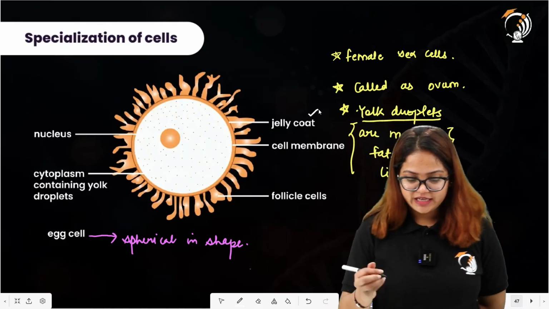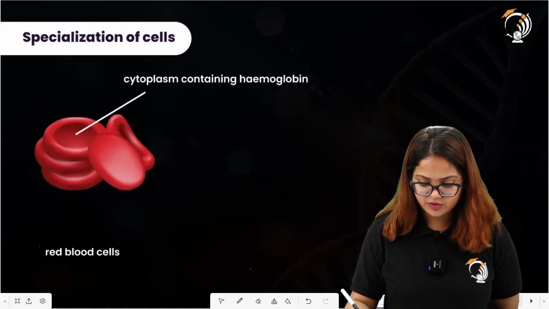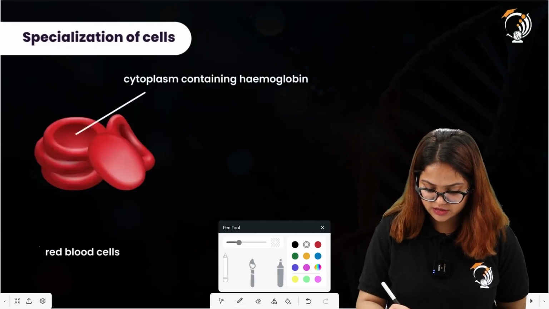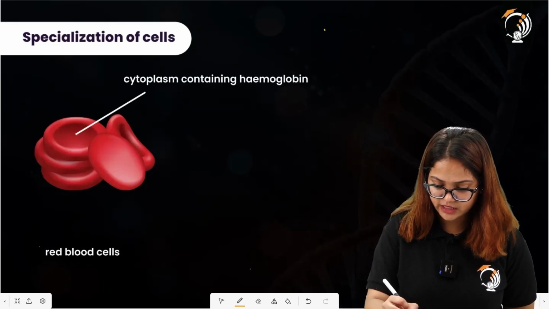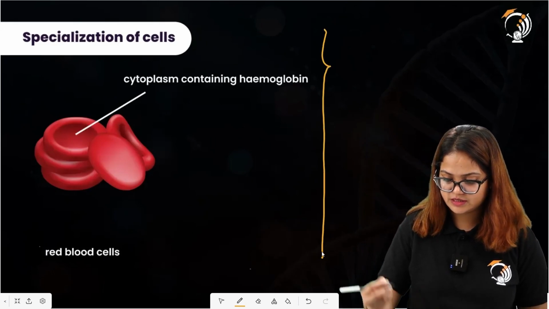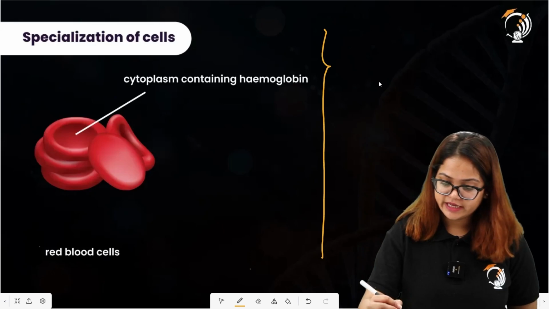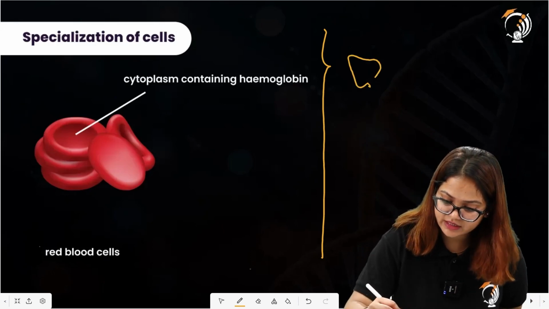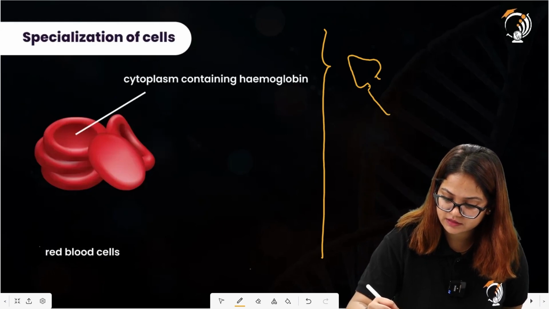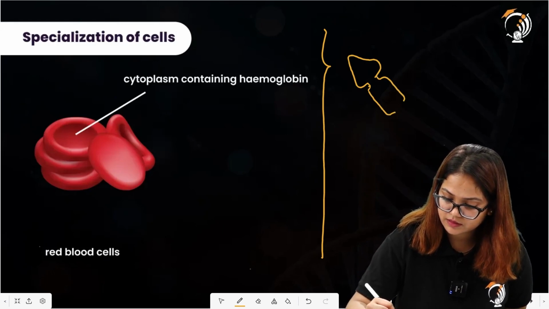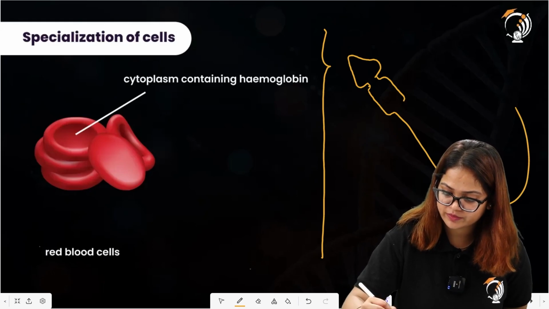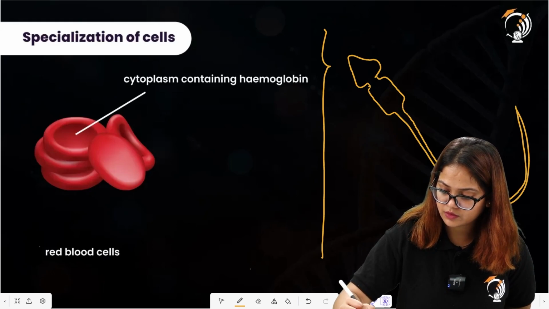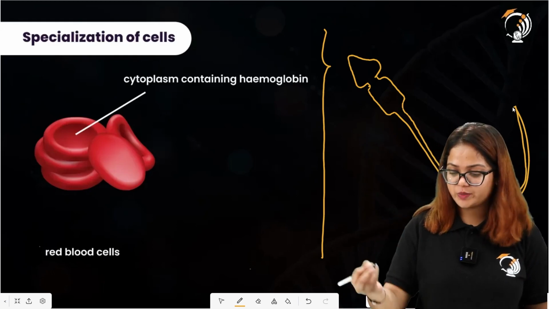All right, so let me draw a sperm cell here. I will utilize this space. We have the head region, then you have the middle piece. It further extends to form a tail or flagellum that enables it to swim.